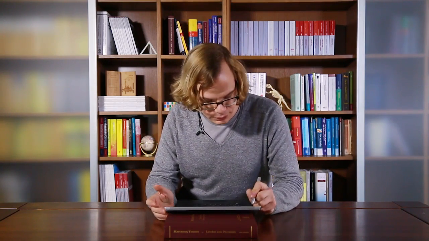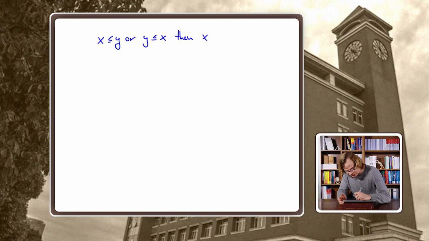Okay, we need some further important definitions concerning orderings. So first of all, if x is less or equal than y, or vice versa, then they are comparable. Otherwise, they're incomparable.